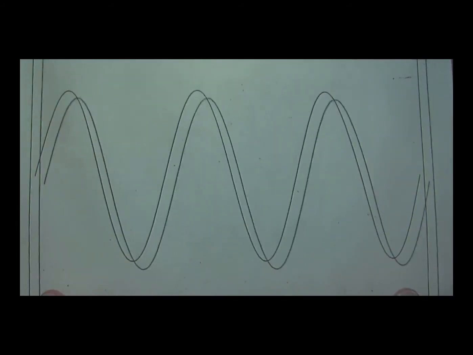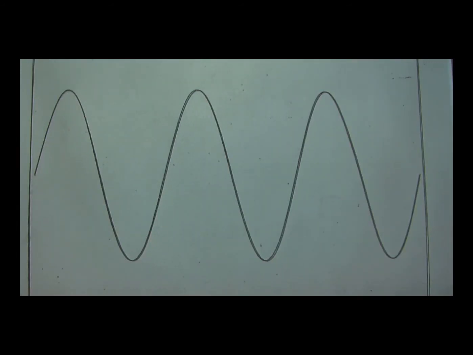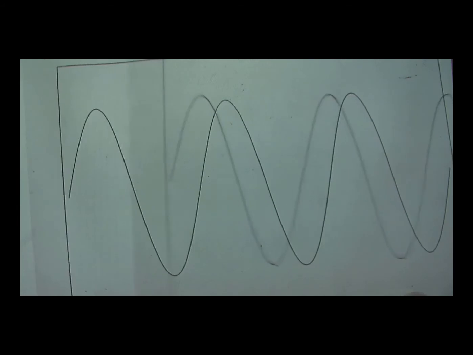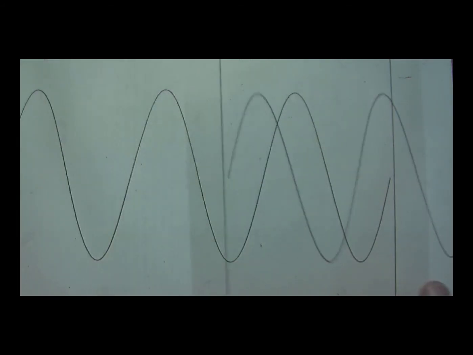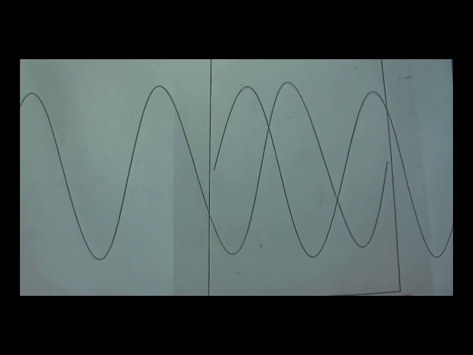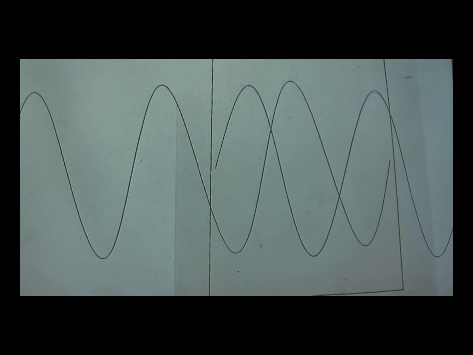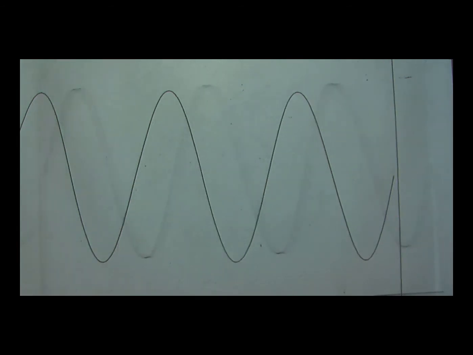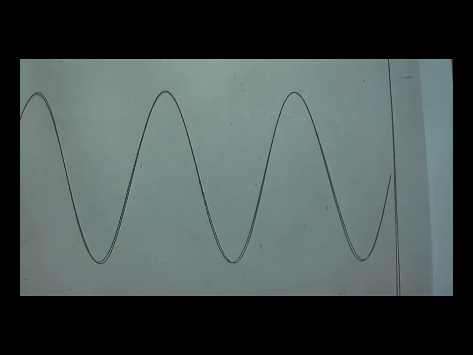If one wave moves an integer number of wavelengths, in other words, 0 wavelengths, or 1 complete wavelength, or 2, or 3, or 4, 5, 6, 7, the two waves will be back in phase again, and we will have constructive interference.